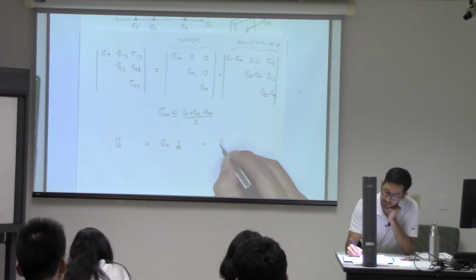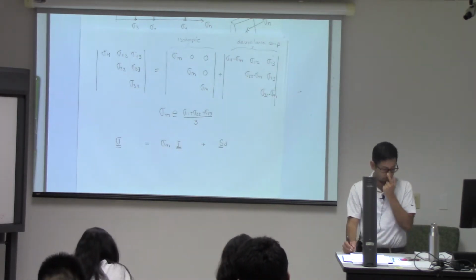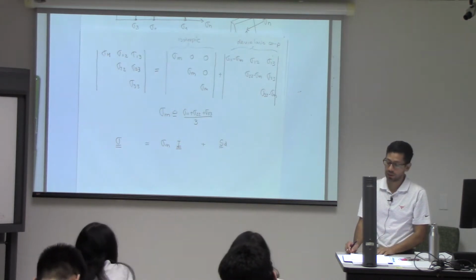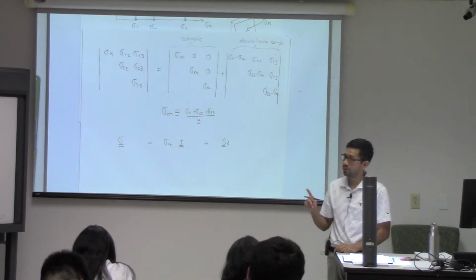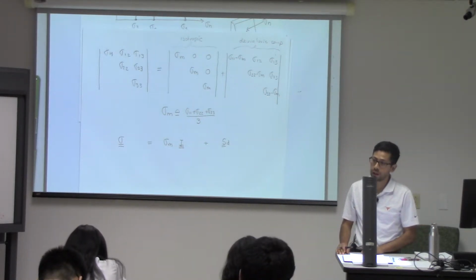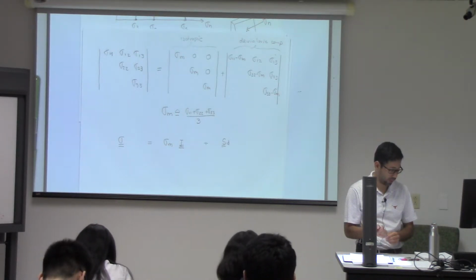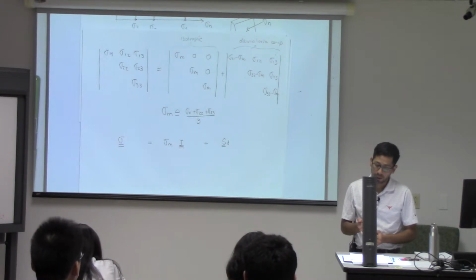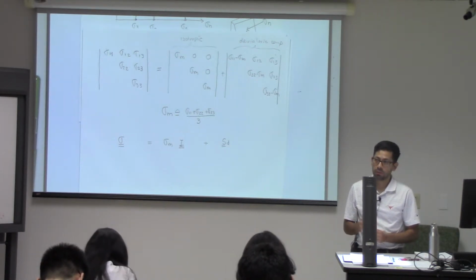I'm going to call it tensor S, which is the deviatoric stress tensor. Okay? This is going to be very useful because it's going to allow us to calculate a very important property that we're going to see in a bit. Any question about this decomposition?